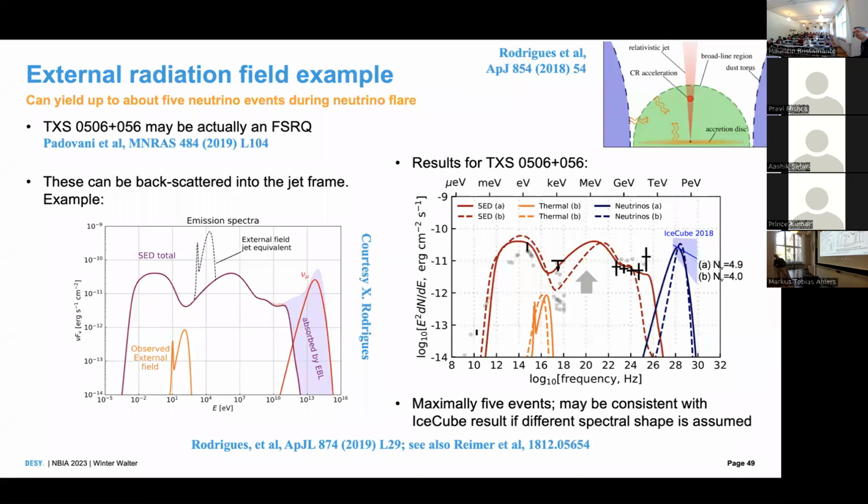So if you have, for instance, radiation which is scattered back from the accretion disk in the broad line region, and the jet is running into that, then these external fields, which you would see as an observer as suppressed fields in your direction up here, actually from the point of view of the jet get enhanced because it's scattered back and you bump into that. I mean, it's a head-on collision. And this could also enhance your neutrino production efficiency. And then you can actually get a substantial number of neutrino events in that range.